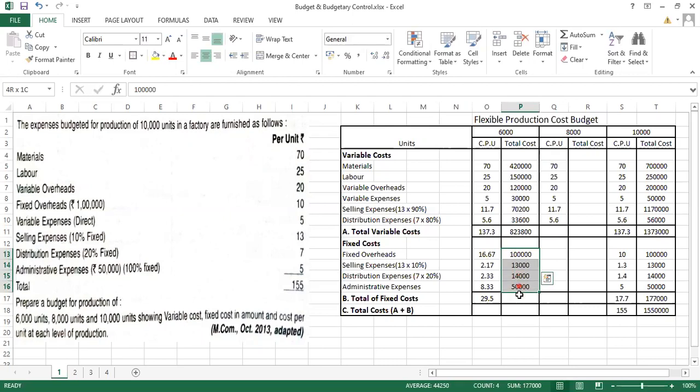Total of fixed cost, 1,77,000. Do the addition of the units as well as of the amount. 166.80. 10,08,000.